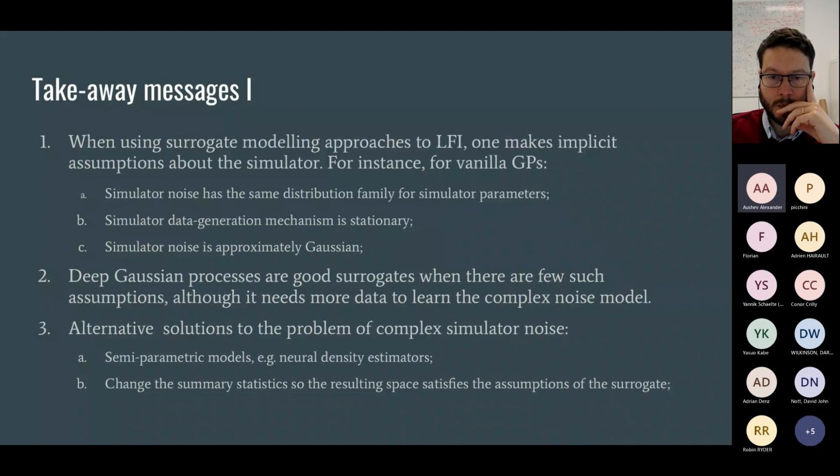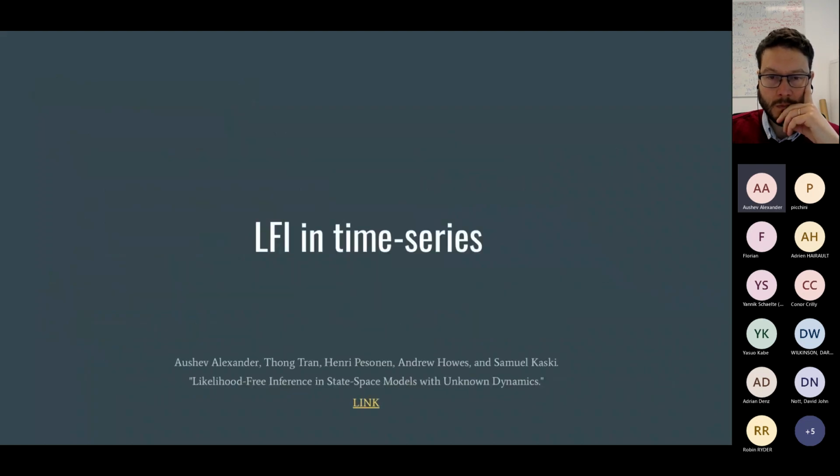And another possibility is to change the summary statistics, so the resulting space satisfies the assumptions of the surrogate. Yeah. So that's the first part of the talk.